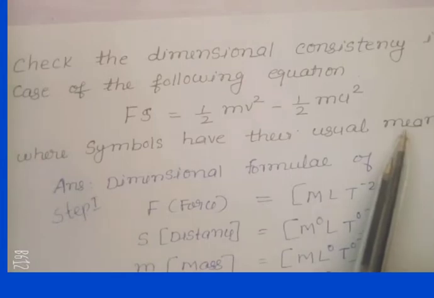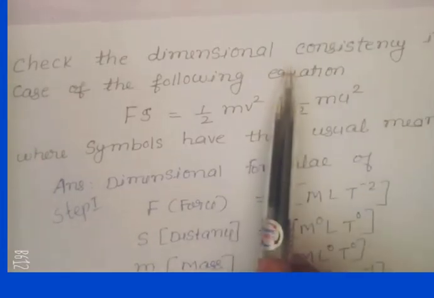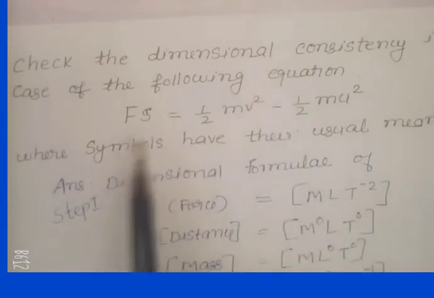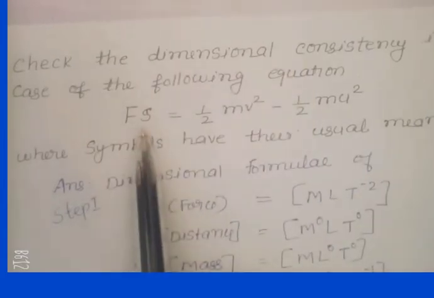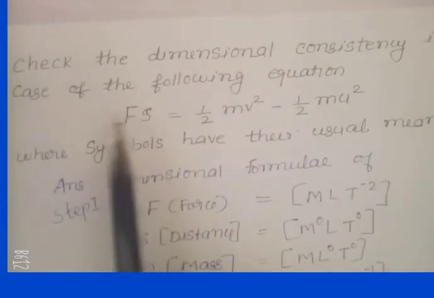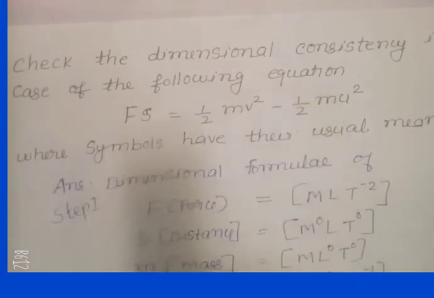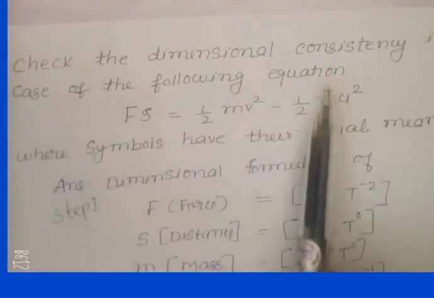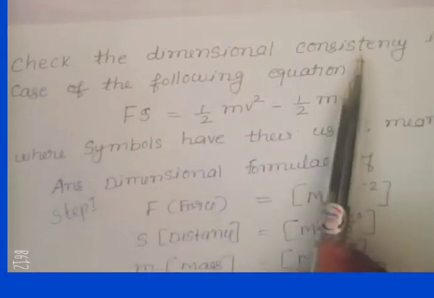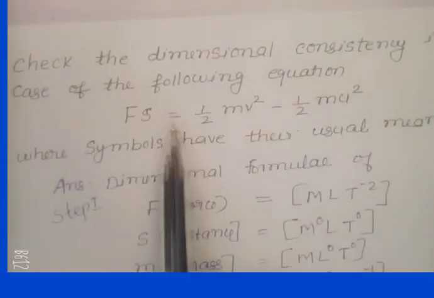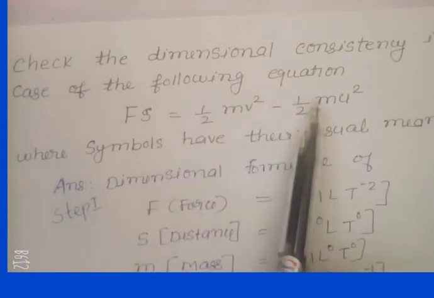What do you mean by dimensional consistency? It means you have to check that the dimensions on the LHS and RHS are the same. If it is the same, then this equation is dimensionally consistent. If it is not the same, then it is not a correct equation.